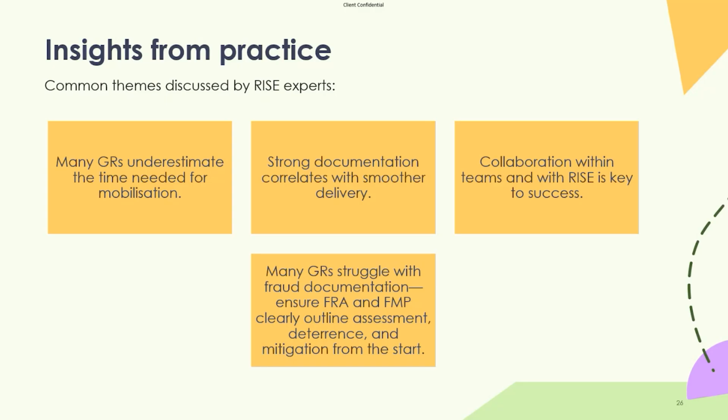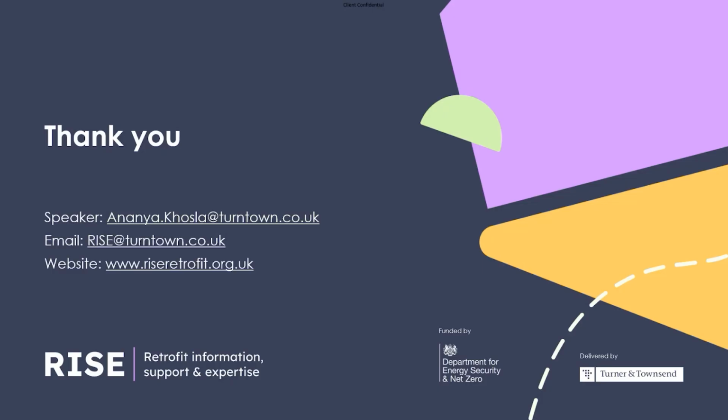And this has been an evolving process which we have incorporated into our review over the course of the last few months, from the start of the first few sets of MMRs to the ones that we have delivered most recently. So it's definitely a learning experience for us as well, and we're happy to support and clearly outline assessment, deterrence, and mitigation from the start in order for GRs to actually be more confident on their way to their DAC. And that should cover an MMR process and review.